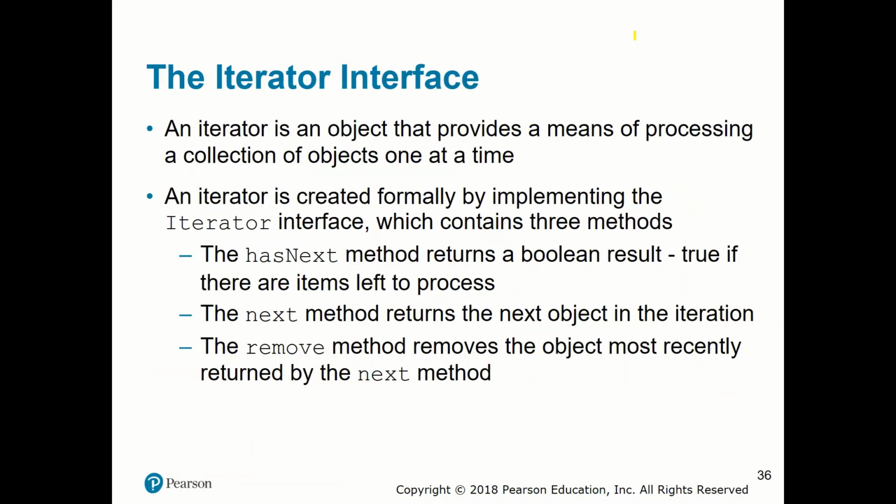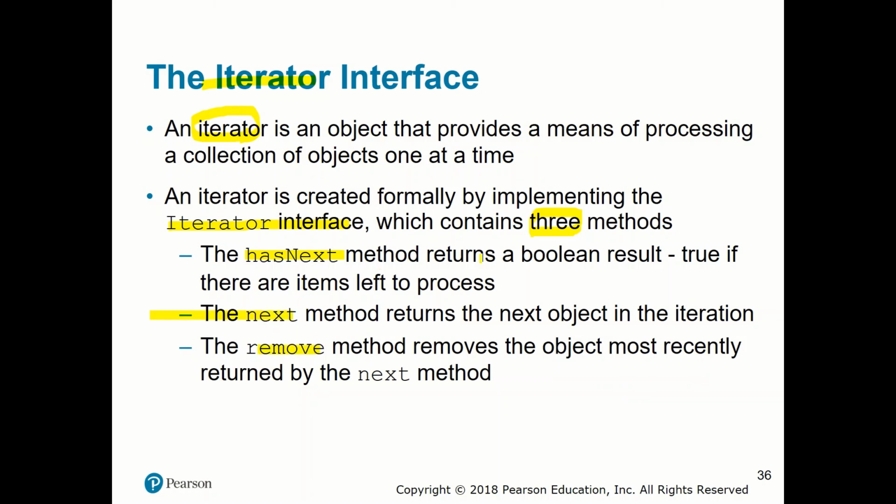Let me introduce the Iterator interface. An iterator is an object that provides a means of processing a collection of objects one at a time. An iterator is created formally by implementing the Iterator interface, which contains three methods. One is hasNext, and the others are next and remove.